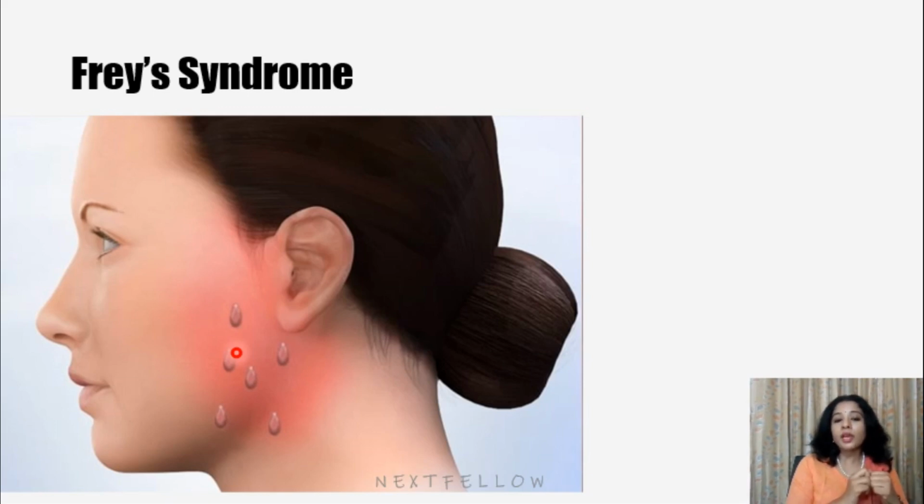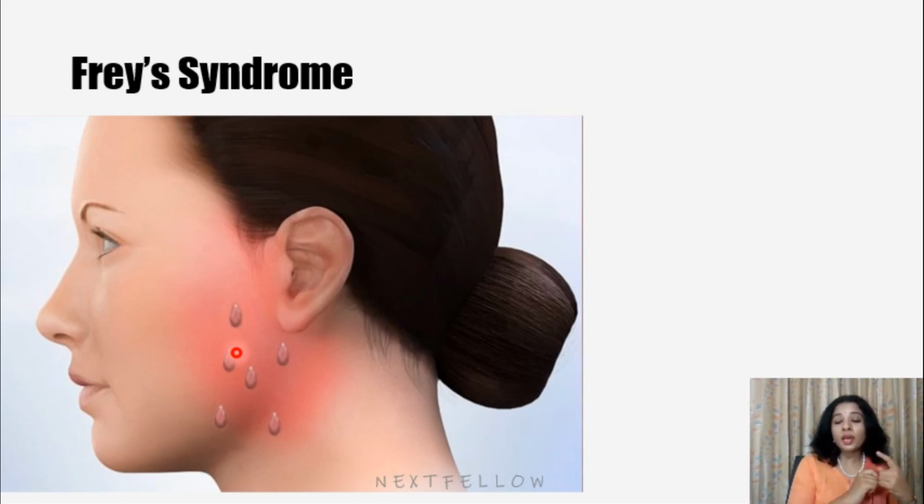So what happens? There may be a chance of cross growth of the nerves. Auriculotemporal fibers may enter the greater auricular, and the greater auricular, which is a branch of the cervical plexus with root value C2, C3, may enter into the auriculotemporal fibers.